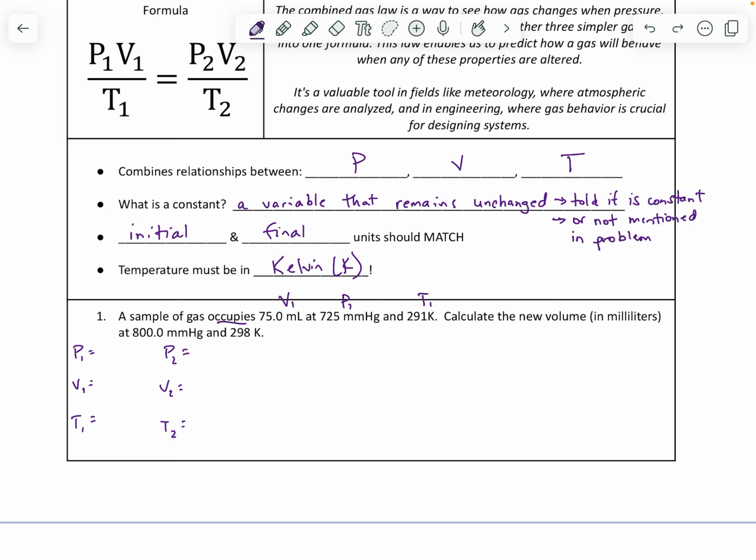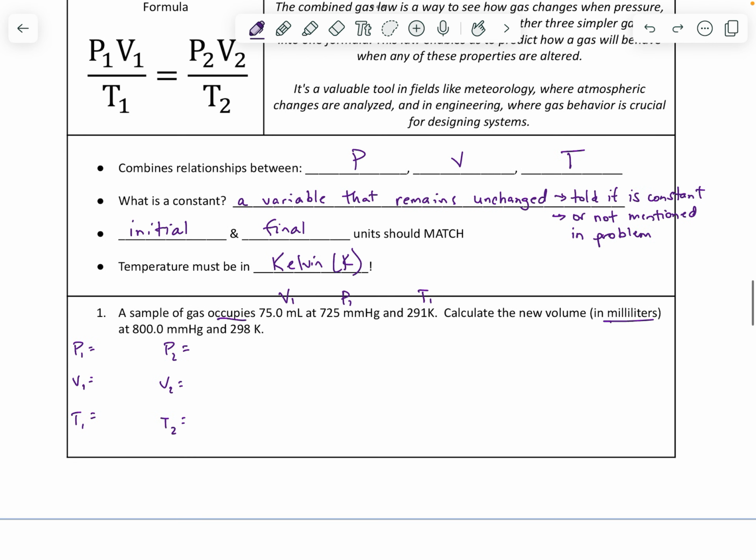It doesn't specify pressure or volume conversion. So the only thing it does say is to make sure that the new volume is calculated in milliliters, which of course is going to be the case because we have milliliters to start. So really we're not doing any conversions. We're just identifying what we want in the end. We see that we're looking for the new volume, which is X. And then we have our second pressure here, which is our changed pressure, and then, of course, our second temperature.